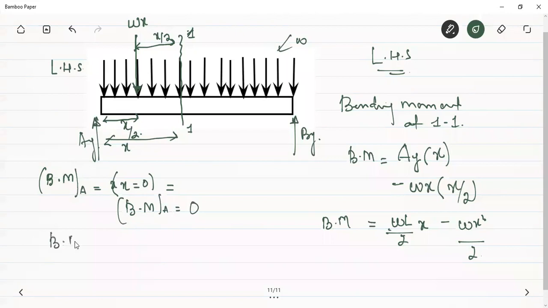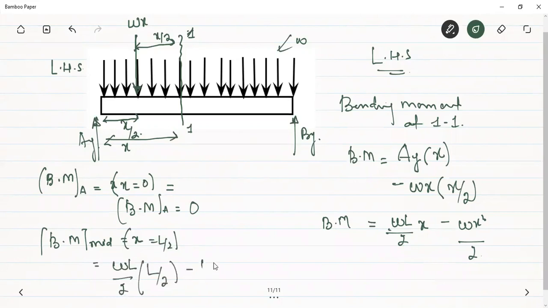What will be the bending moment at midsection? For that, I have to put x is equal to L by 2. That will be equal to omega L by 2 times L by 2 minus omega, it will be equal to how much?